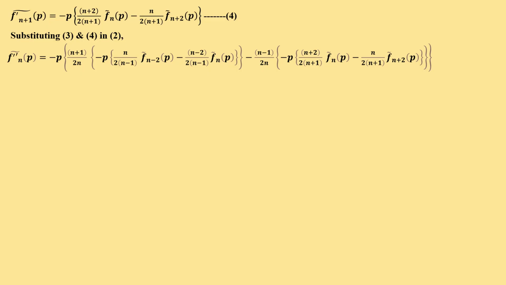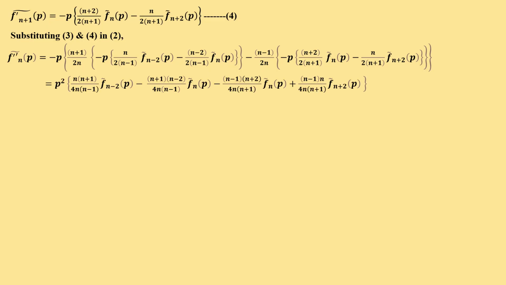We are taking the second value, that is f_(n plus 1) dash bar of p value, minus p into (n plus 2) by 2(n plus 1) f_n bar of p minus n by 2(n plus 1) f_(n plus 2) bar of p.